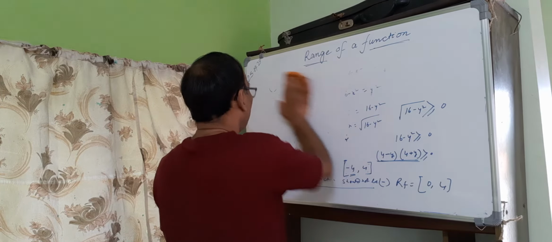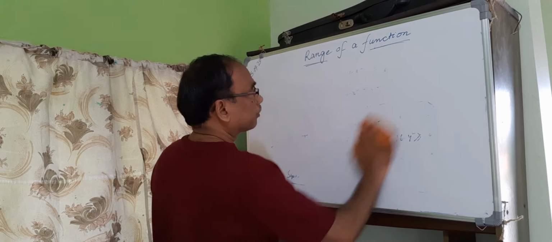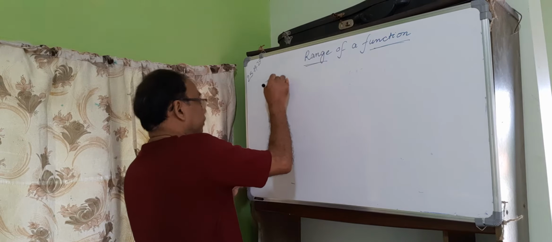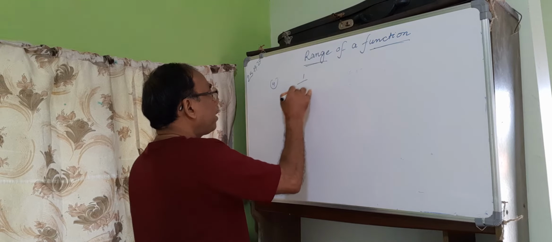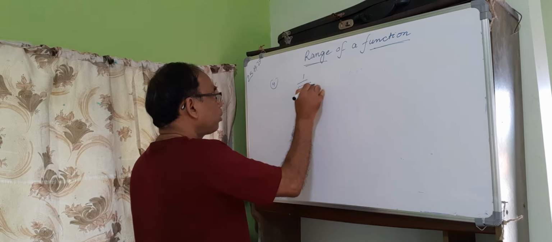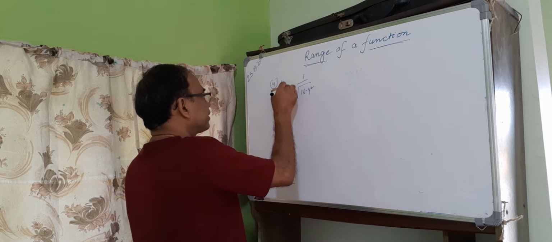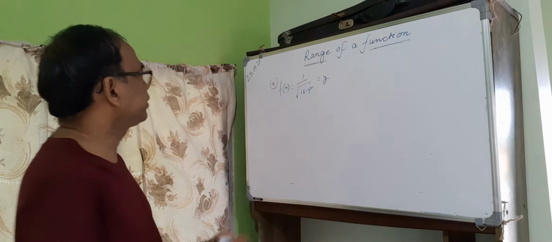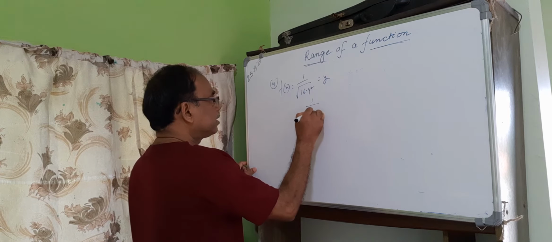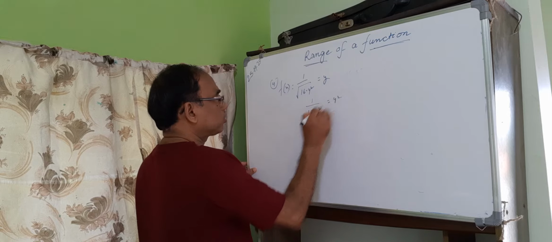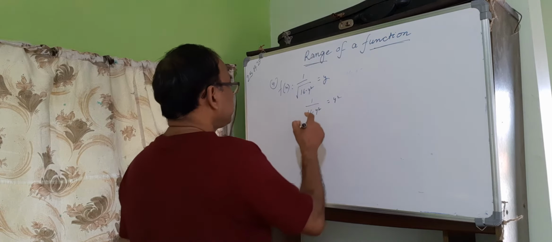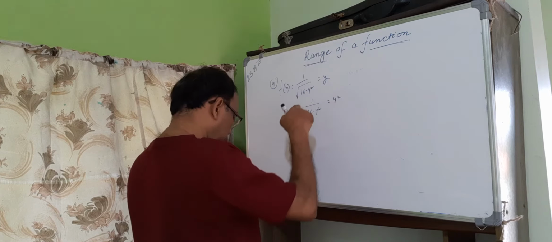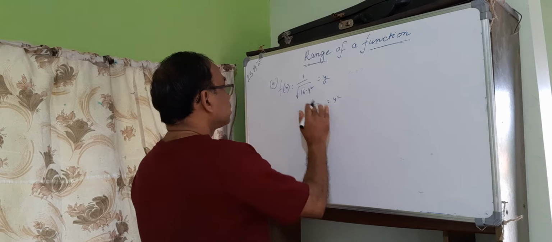Next, take sum number 4. f(x) equals 1 by root over 16 minus x square, like this is y. Now squaring both sides, 1 by 16 minus x square equals y square.